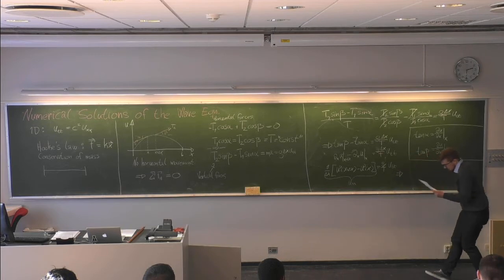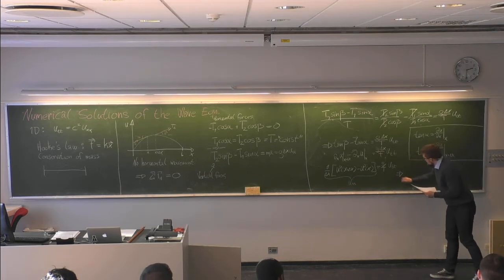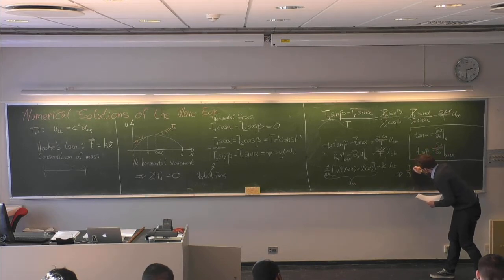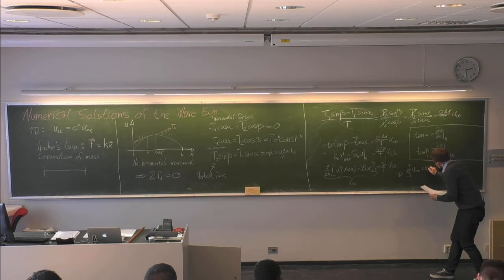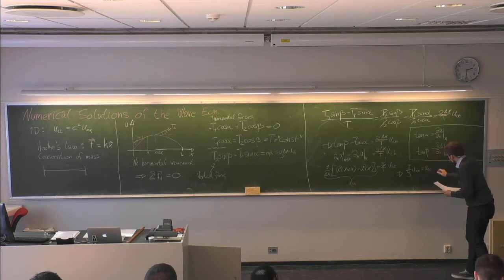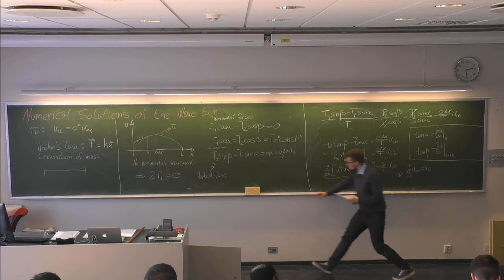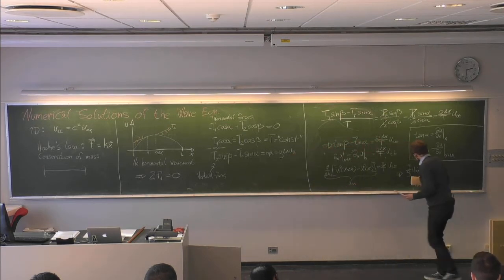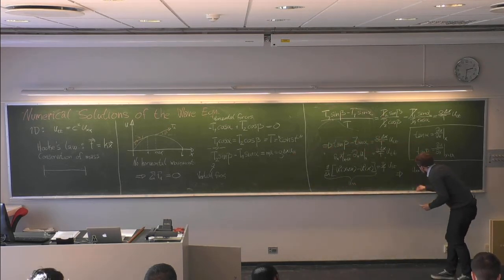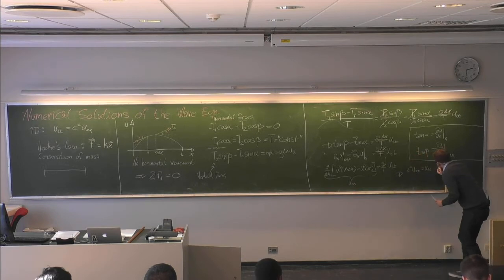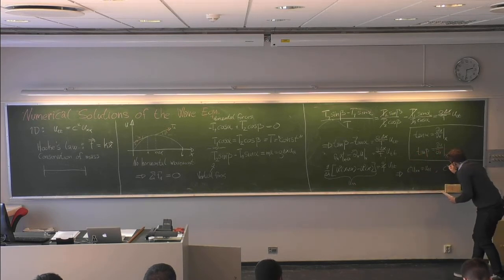So to sum this up, we will have T over rho u_xx equals u_tt, or you can write it more succinctly as c squared u_xx, where c squared equals T over rho.